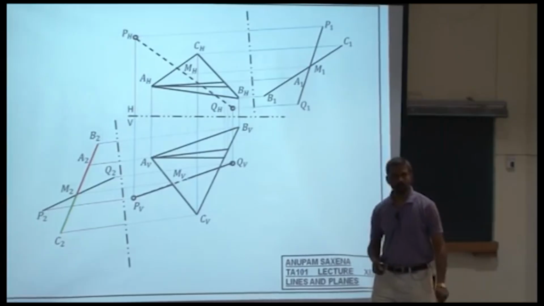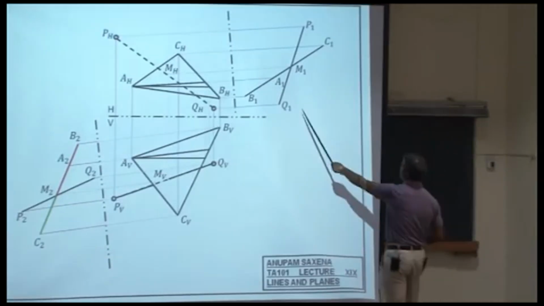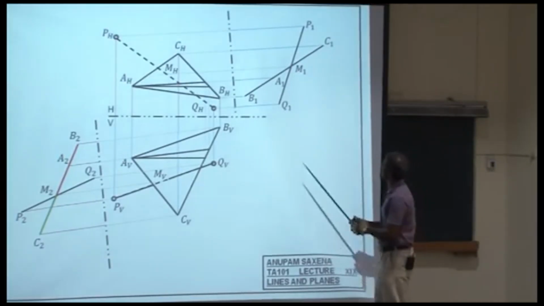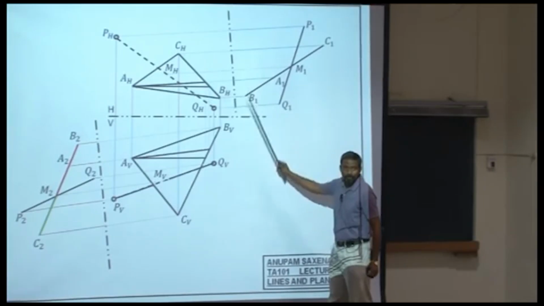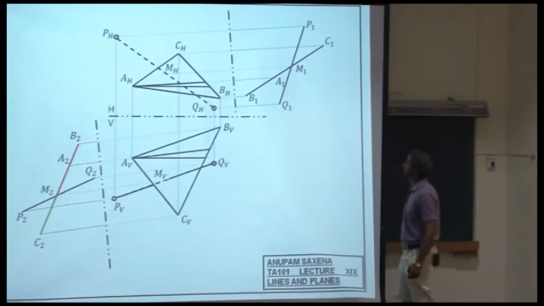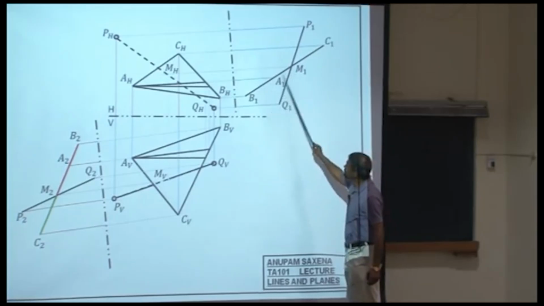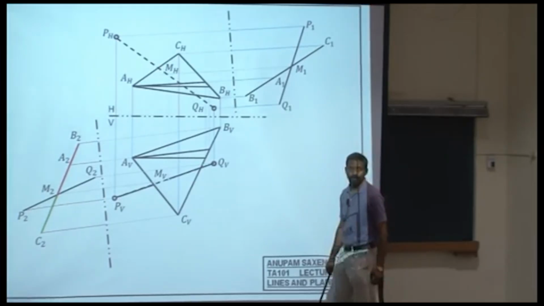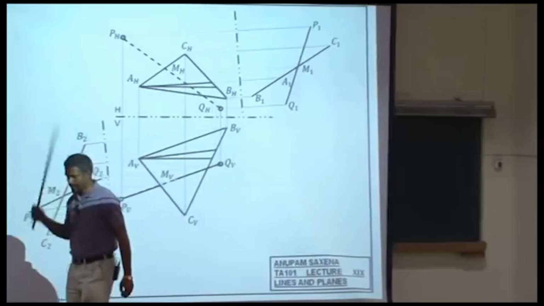Go on to the top and ask the same question using the auxiliary view. Here, which part is closer, the plane or the line? The plane is closer, right? From here to here, the plane is closer. So, which part of the line will be hidden? The bottom part or the top part?